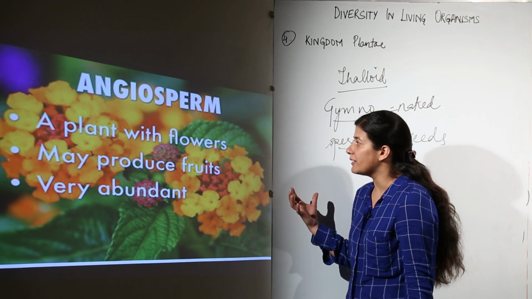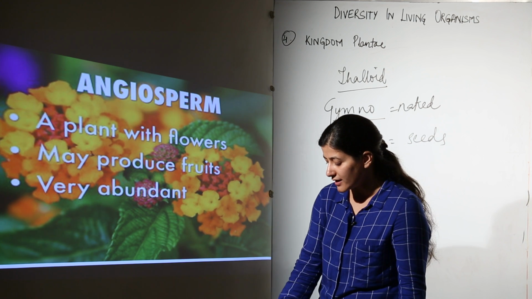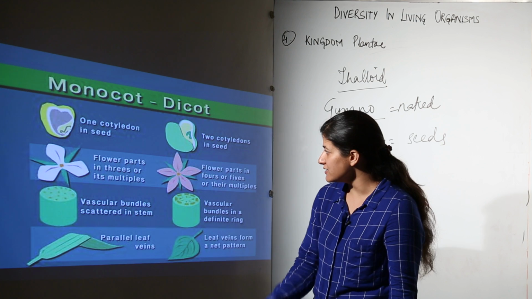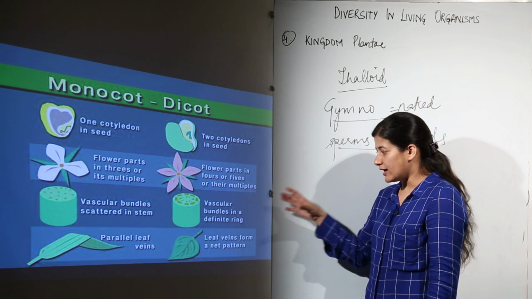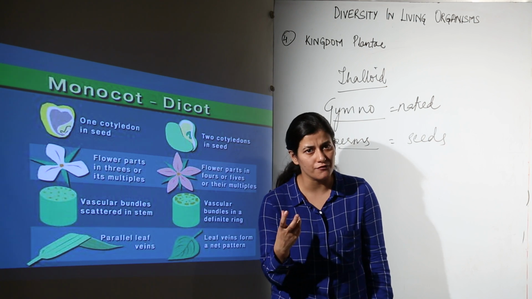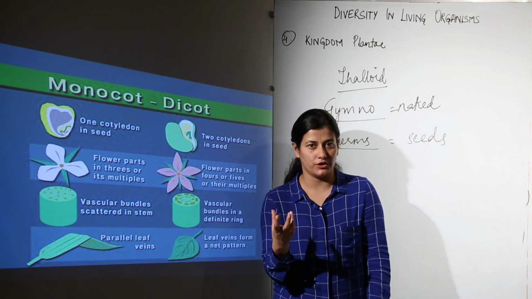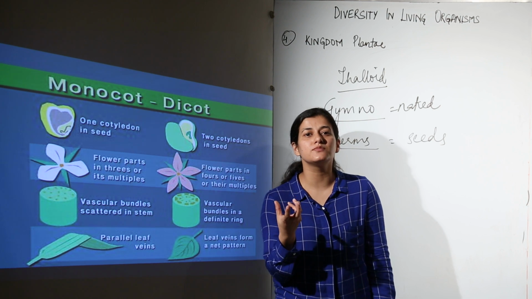Because we are studying about the classification, these angiosperms are further classified into two categories. One is monocot and the other one is dicot. Now what is the difference between the two? You see, because a seed would be formed, how that seed is going to be formed, what is the composition of that seed in terms of cotyledons.